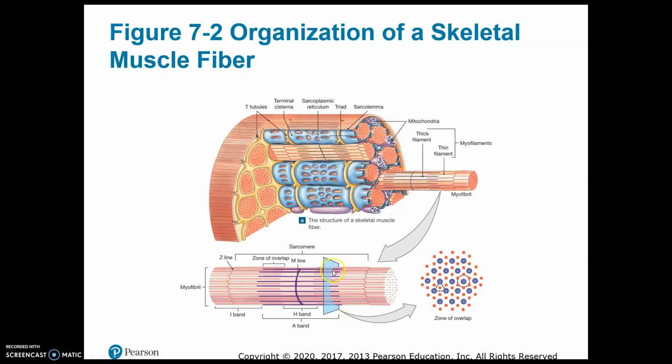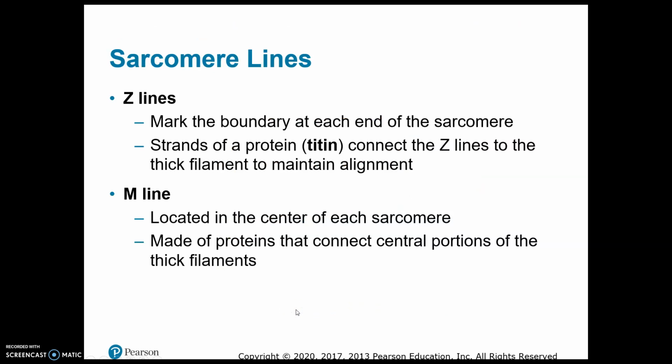There is some overlap with actin, but because the myosin is heavier and darker, it's the thick filaments. That's why you have the dark colored striation in the A bands. And then the I bands are only actin, so they're going to be lighter. The H band is the area where there's only myosin, and it includes the M line.